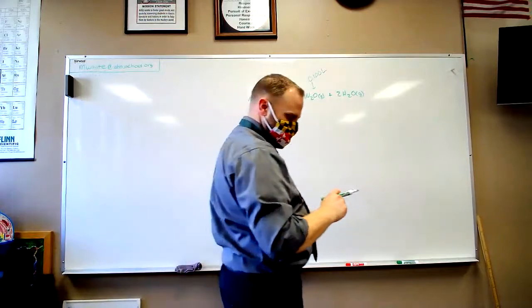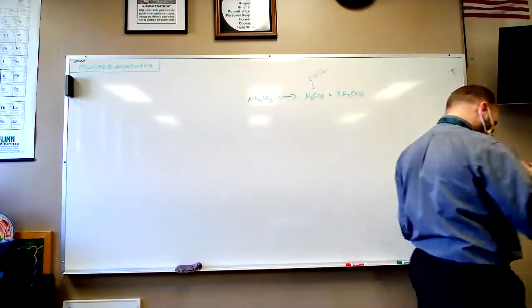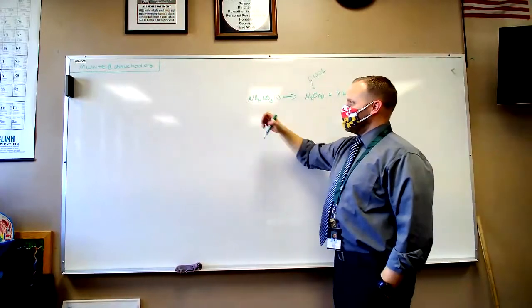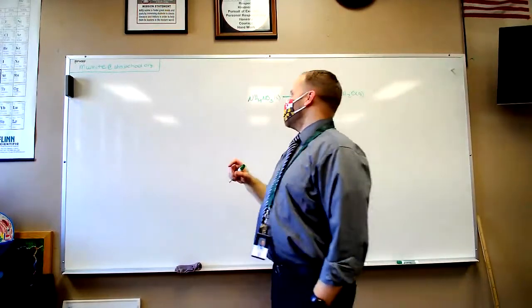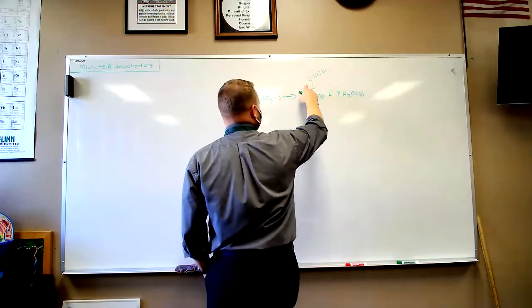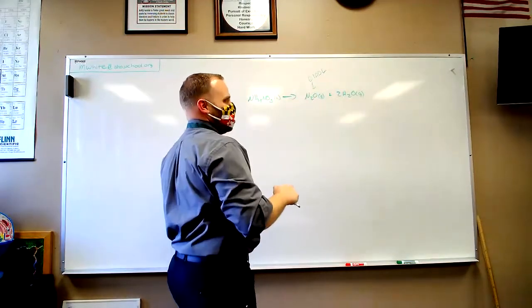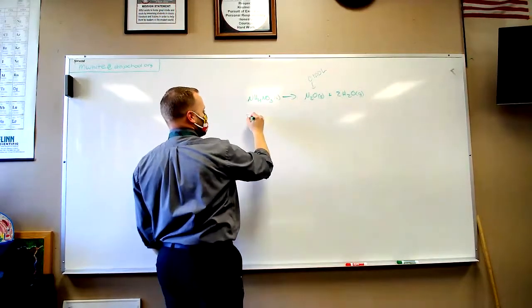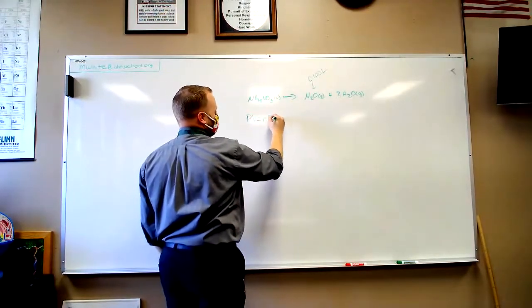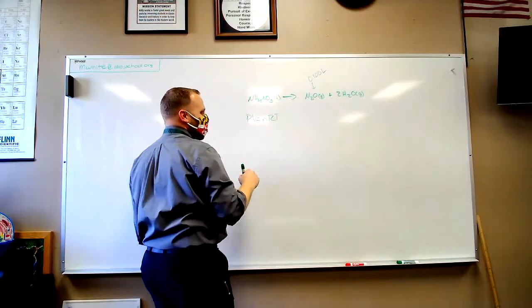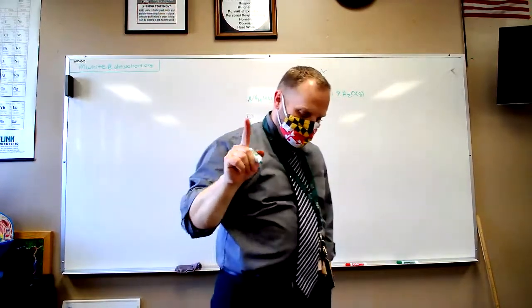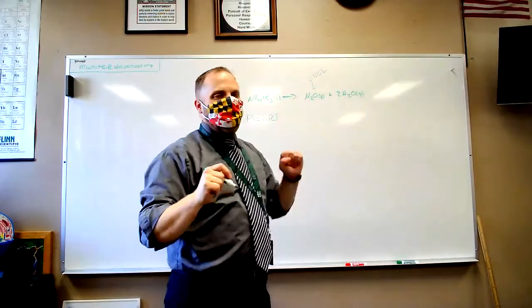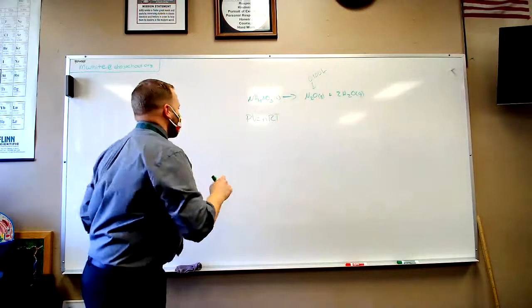Now, if it were me, since I can't go liters to liters, the first thing I would do is take this and put it into my ideal gas law. Now it tells us we want to have this volume at STP.